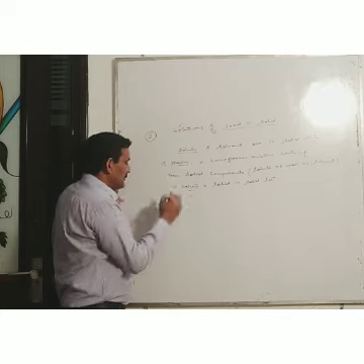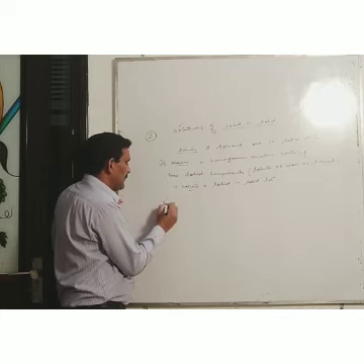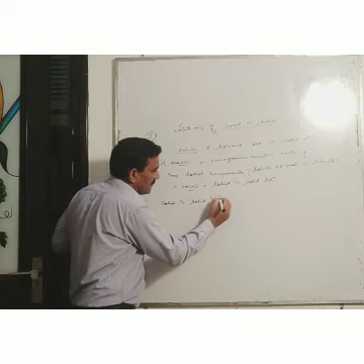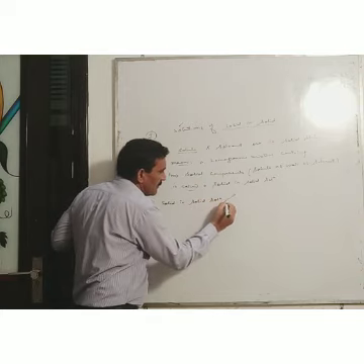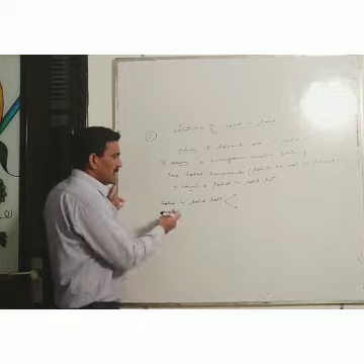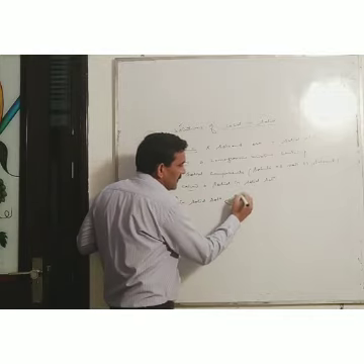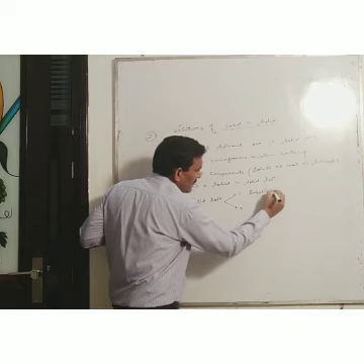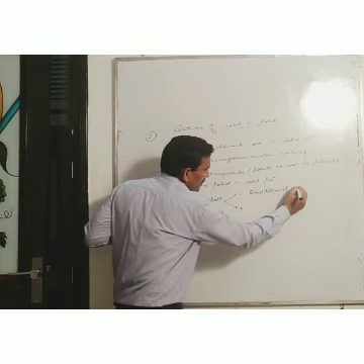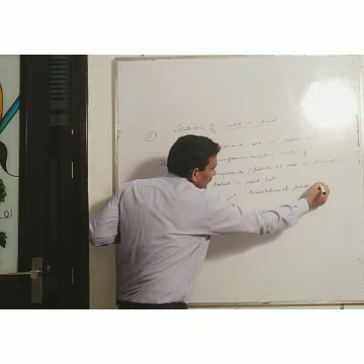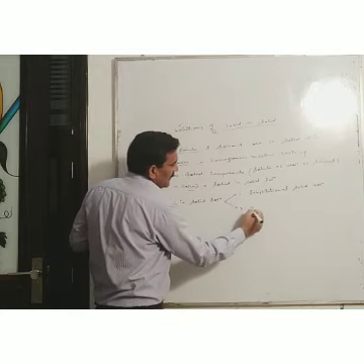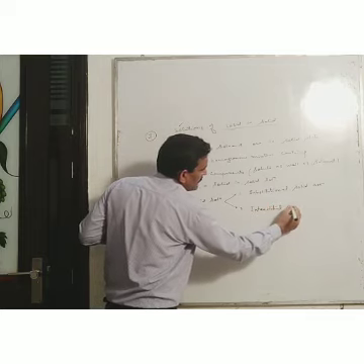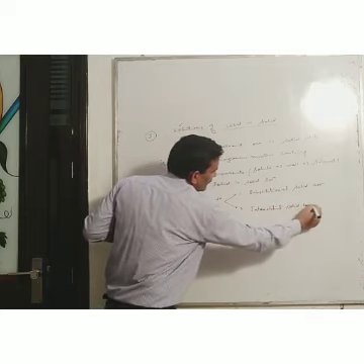Such solution can be of two different types. Solid in solid solutions are of two different types. One is the substitutional solid solution and second is the interstitial solid solution.